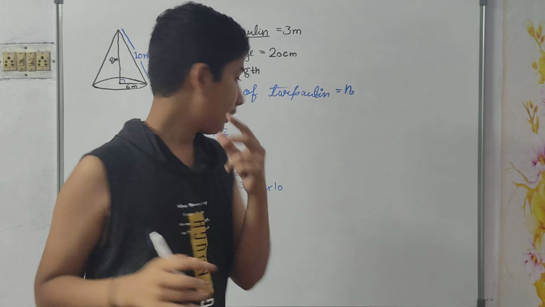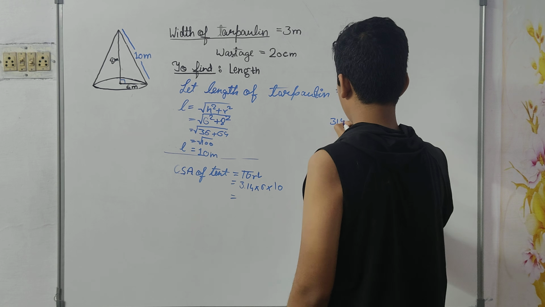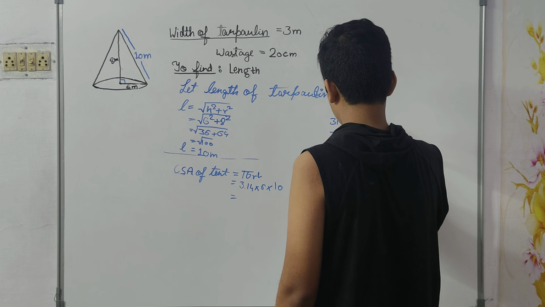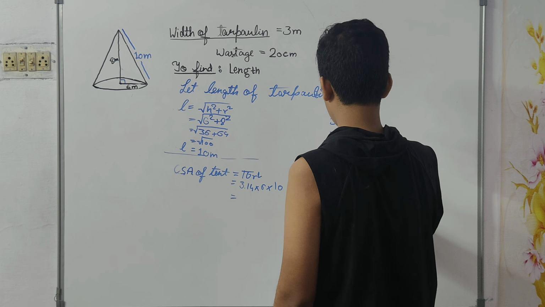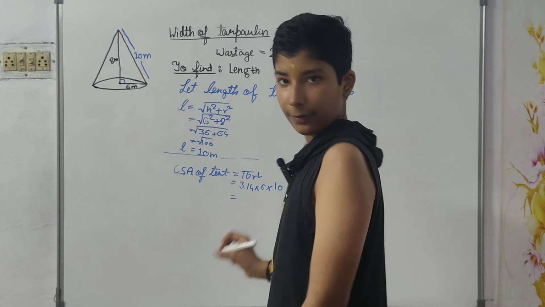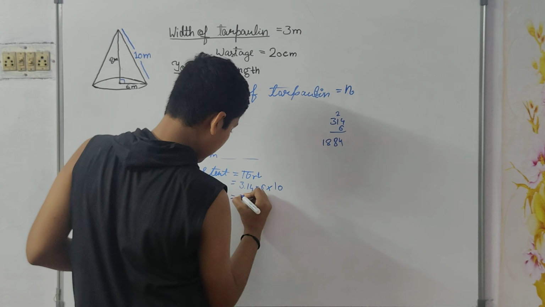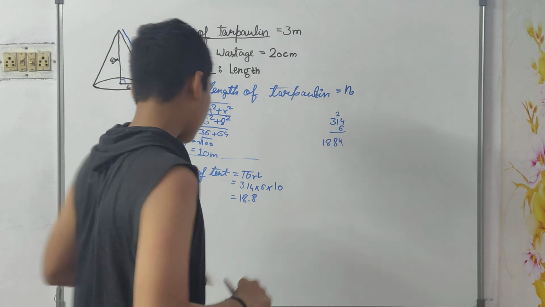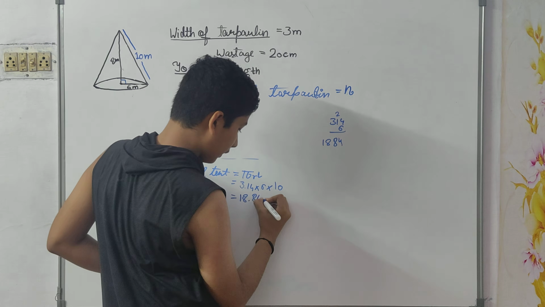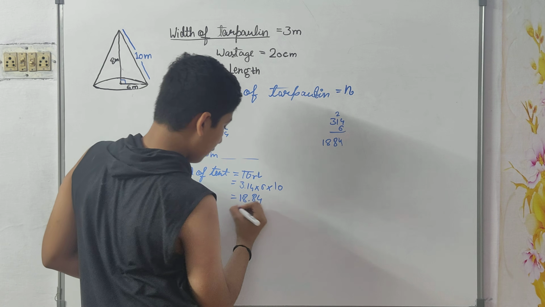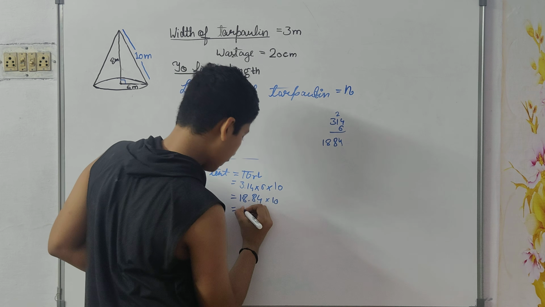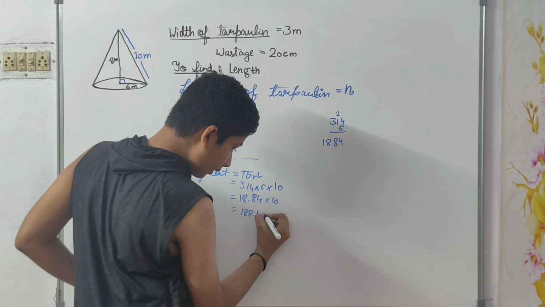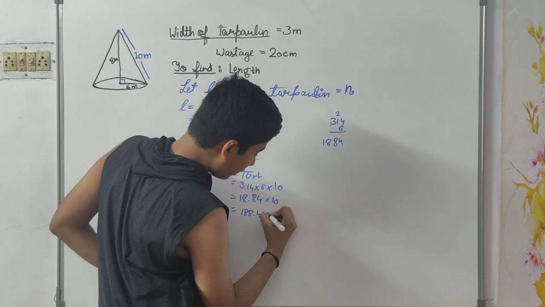Now when we solve this, 314 into 6: 6 fours are 24, 6 ones are 6, 7, 8, 6 threes are 18, so 18.84. Now multiplied by 10, it would be 188.4 meter square.